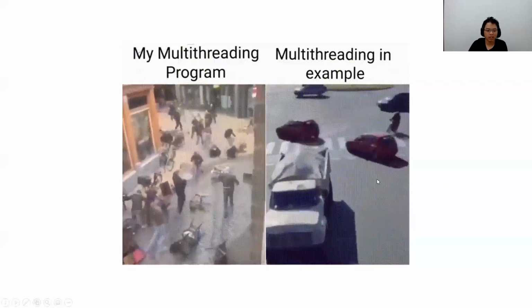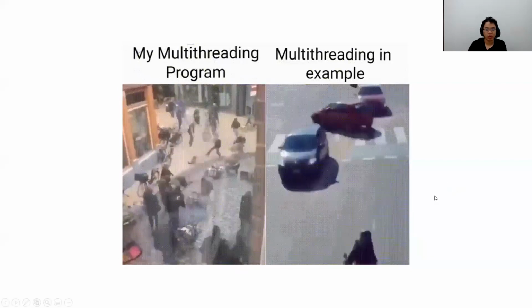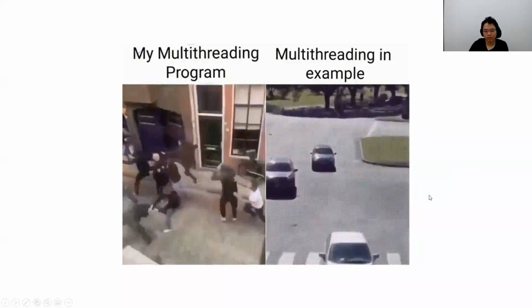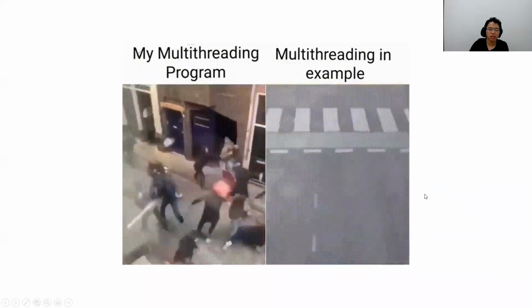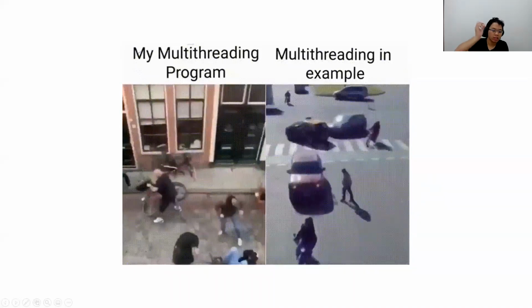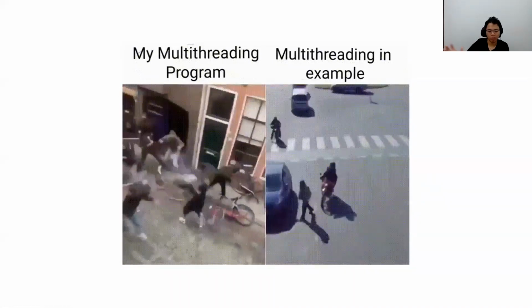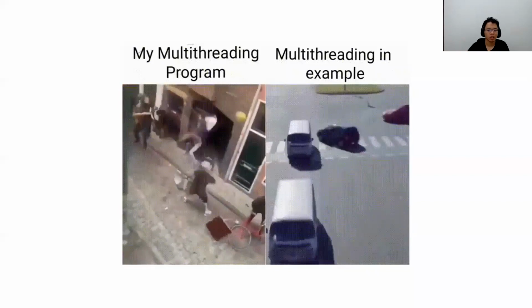It's just the reality. Multi-threading programming is quite complicated at first, but at the end of the day, it's just trying to coordinate multiple threads to run things in parallel.